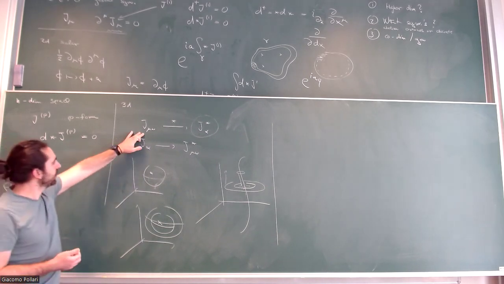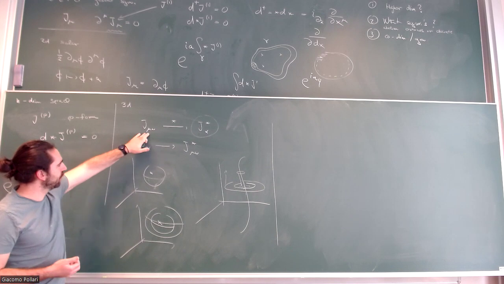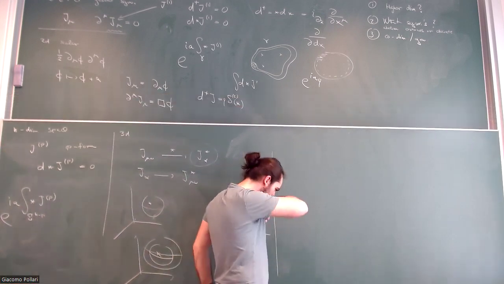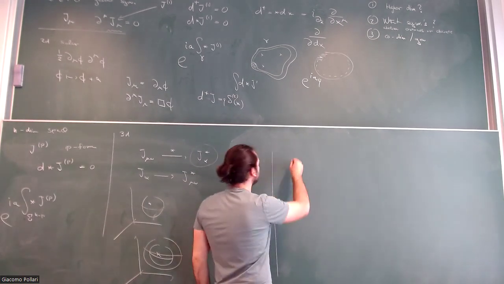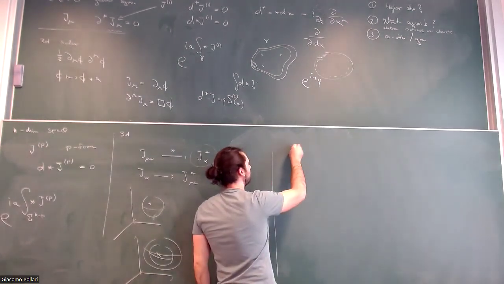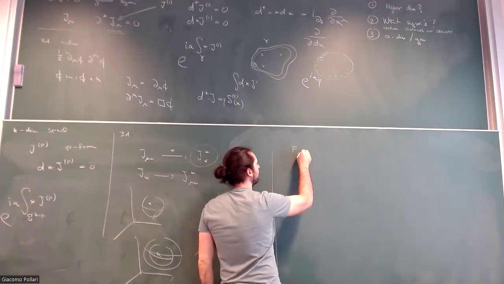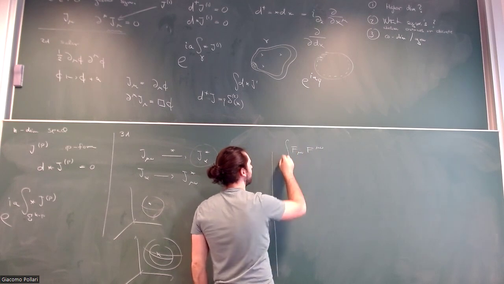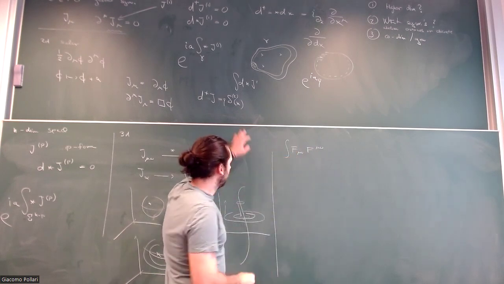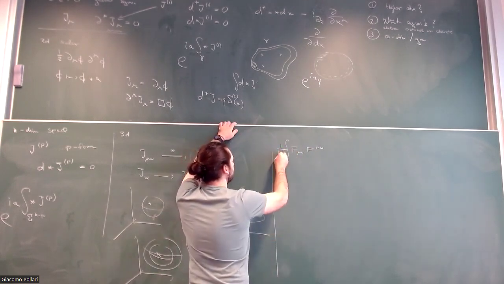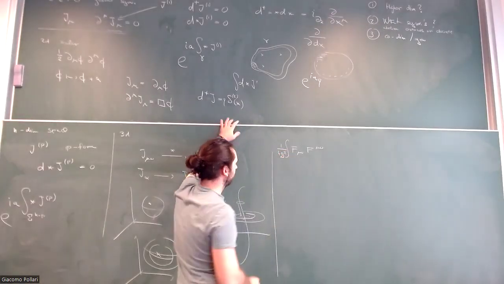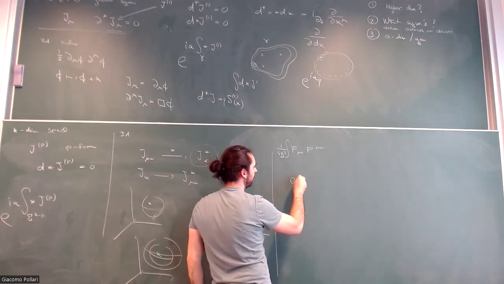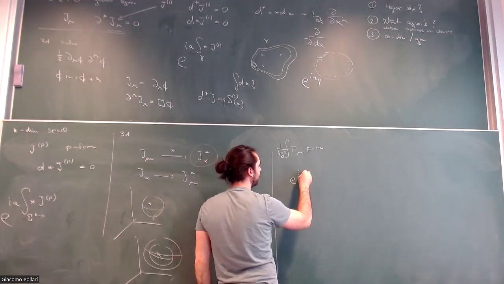Okay, so maybe I'll just give you an example of this object in 3D Maxwell theory. As we said, there's this object we can make, which is the Wilson line.